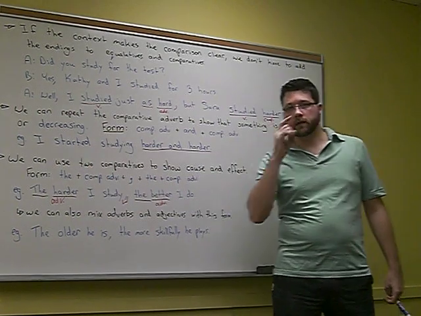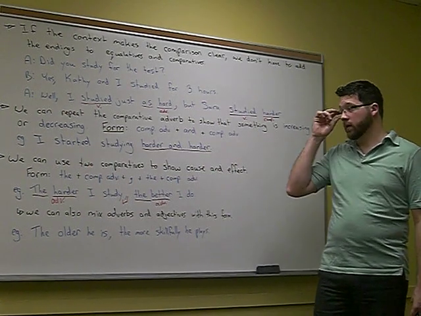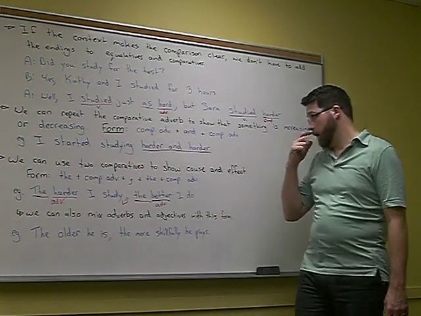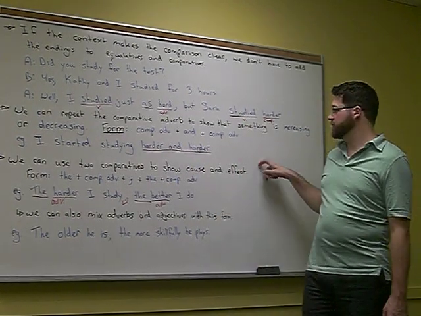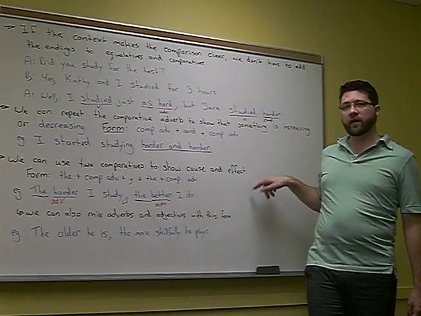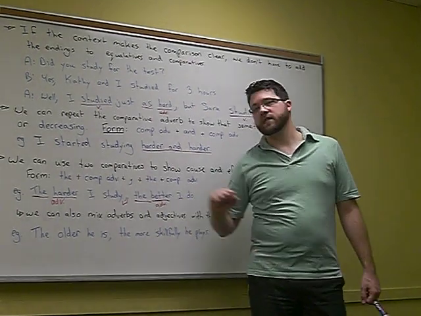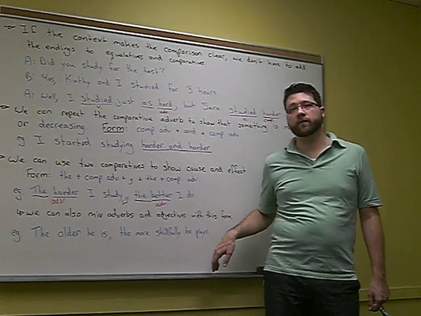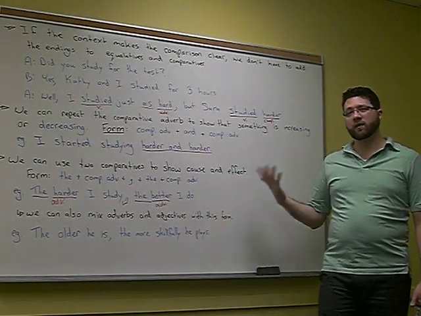And the last point that we're going to talk about today is we can sometimes mix our adverbs and our adjectives in this cause and effect form. For example, the older he is, the more skillfully he plays. Think about professional athletes.